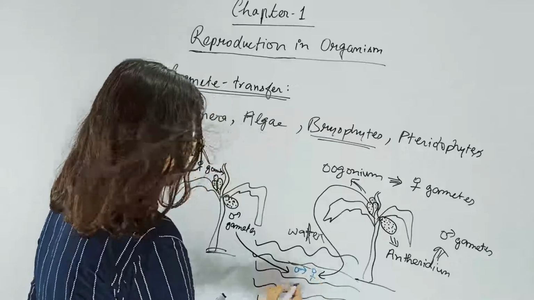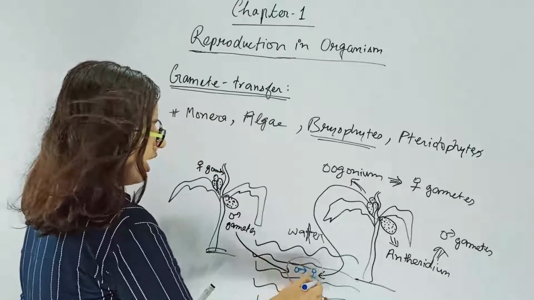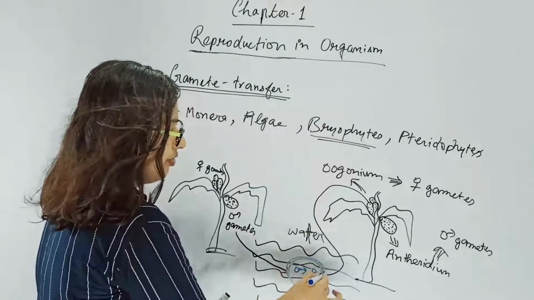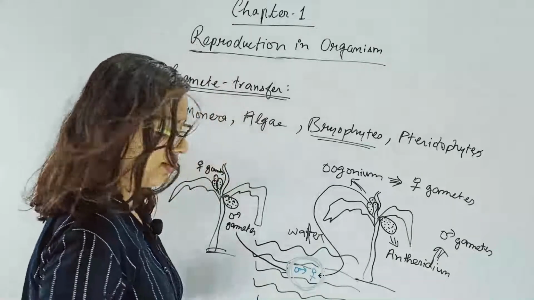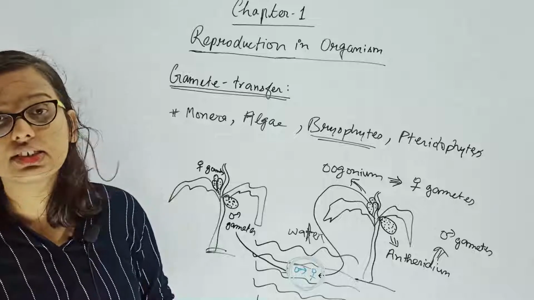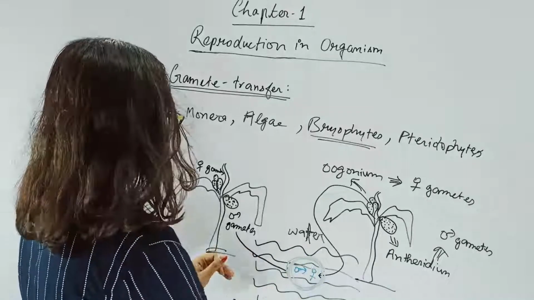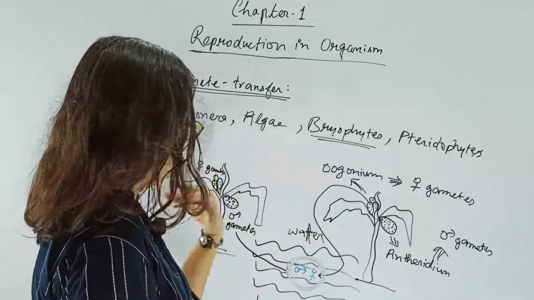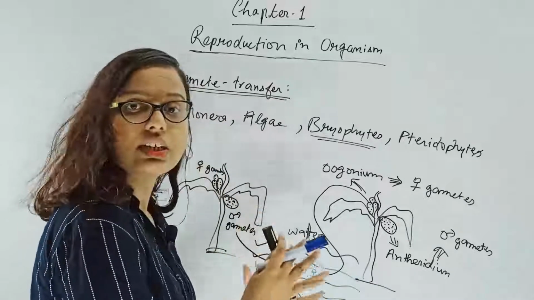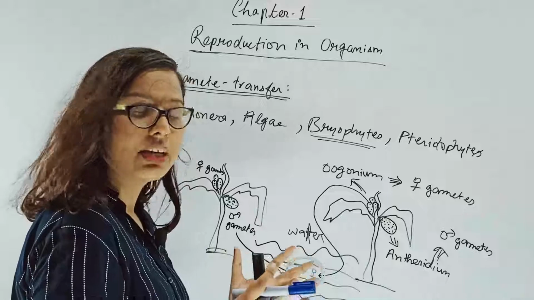It is also discharged into the water. Now this water has both male gamete and the female gamete. So in this way, in certain species, as you are seeing here, both the gametes are discharged into a common medium, and in that way, both can fuse inside that particular medium.